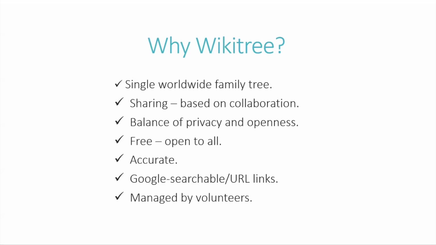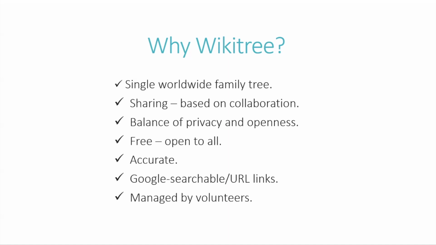Then the idea as well is that it's Google searchable. It's got links, URL links, as they would call it, so that you can copy those links to people. It's not behind a paywall. If you put in a name, and it's on Google, it will find it.